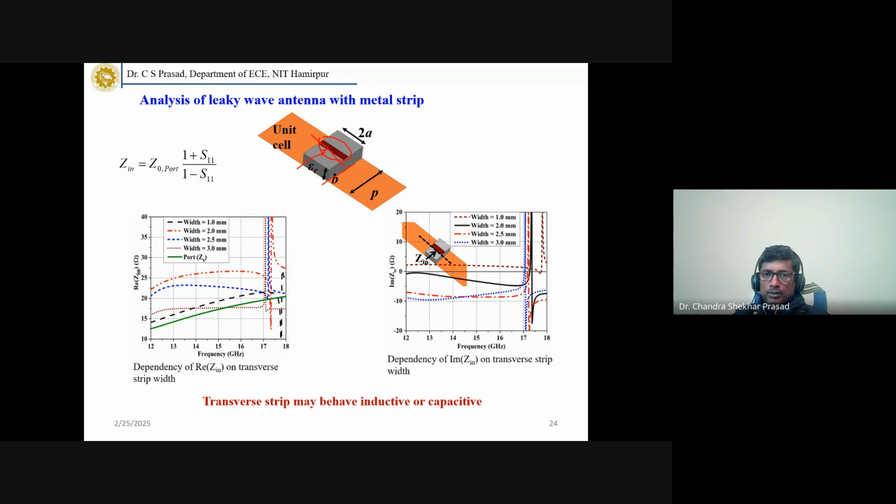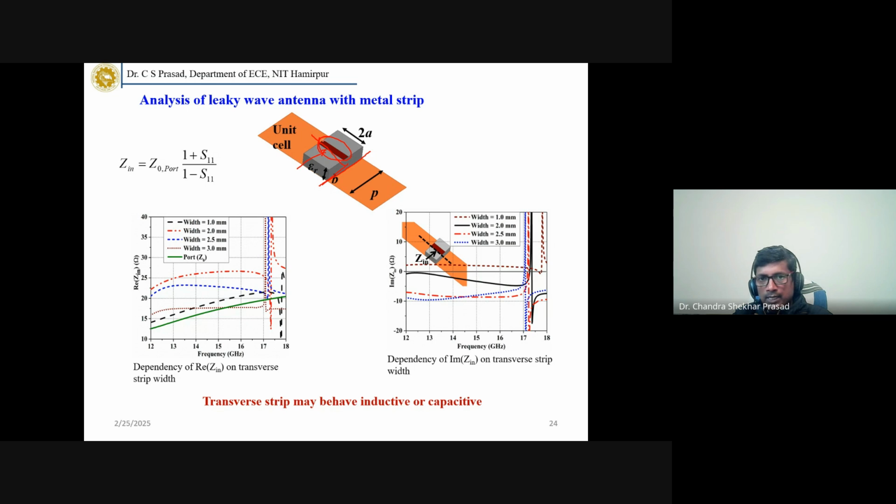So your line will be matched with this unit cell, or this perturbed part. We'll have proper propagation, and your open stop band will be mitigated. So that is the purpose.